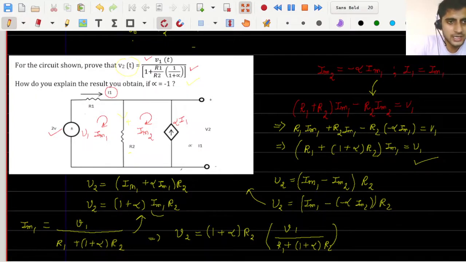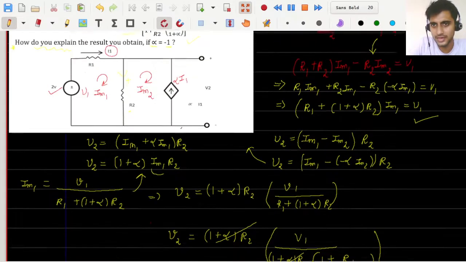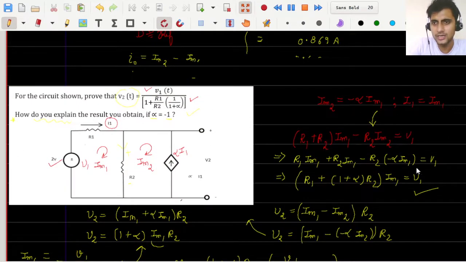Now they are asking us, how do you explain the results if you obtain alpha equal to -1? So if alpha becomes -1, then what will happen? There will be only a small change in this circuit.